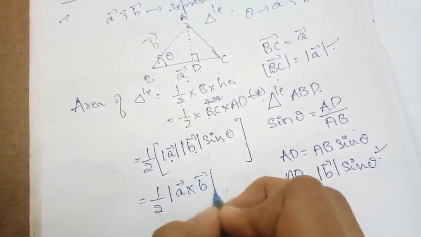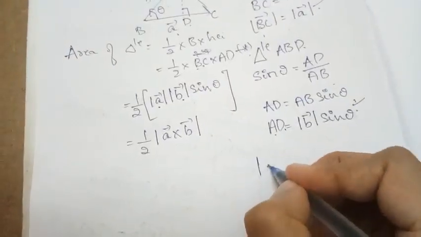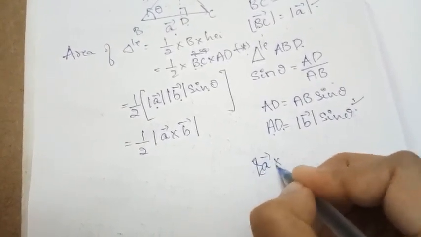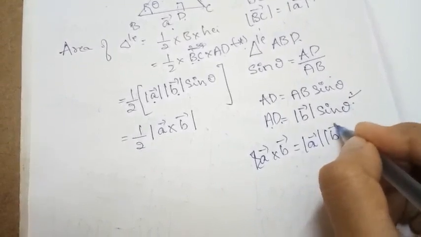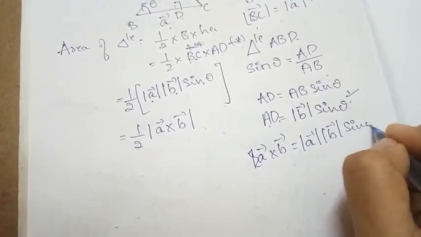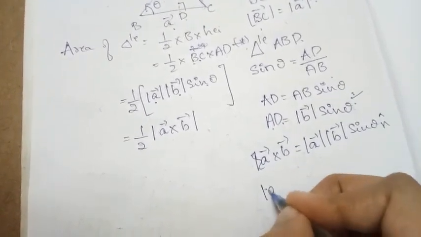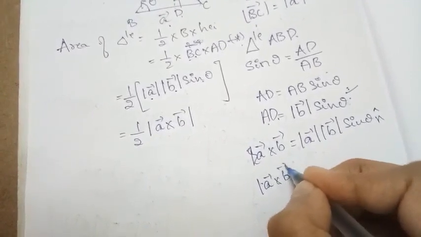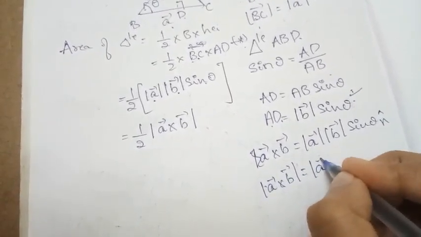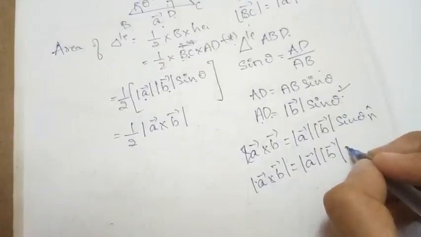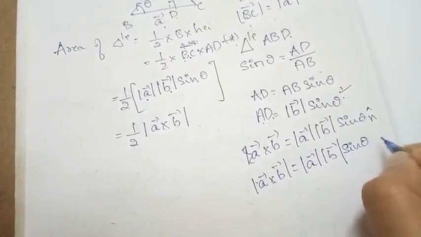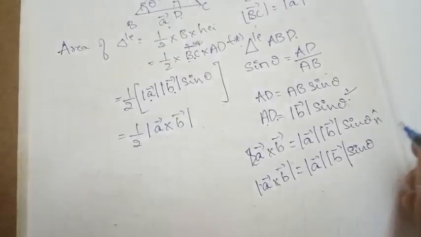Clearly it is nothing but the magnitude of vector A cross vector B, because we already came across that vector A cross vector B is nothing but magnitude of vector A, magnitude of vector B sin theta n cap. If we take the magnitude of vector A cross vector B, it is magnitude of vector A, magnitude of vector B, and sin theta, which depends upon the angle theta. The magnitude of n cap will be 1.